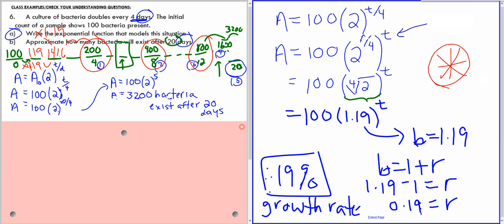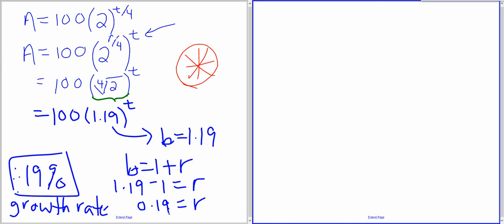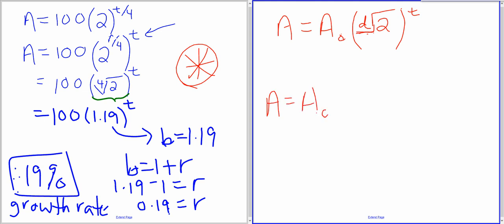So in general, you either could have used this formula, A naught, and then instead of having a 2 inside, you could have taken the dth root of 2 and raised it to an exponent of t, because that's coming from this formula here, A naught 2 to the t over the doubling time. And so using that formula and the radical rules, I could have split this up.